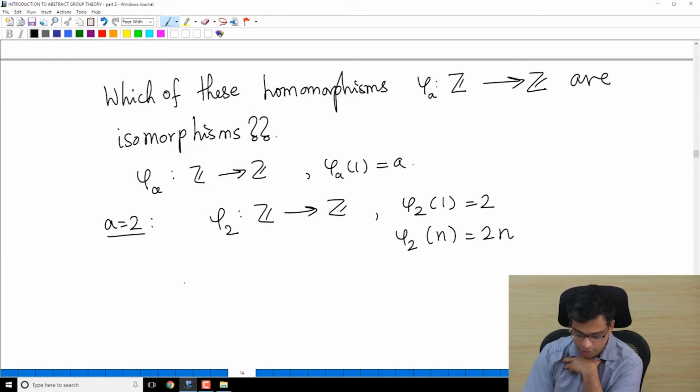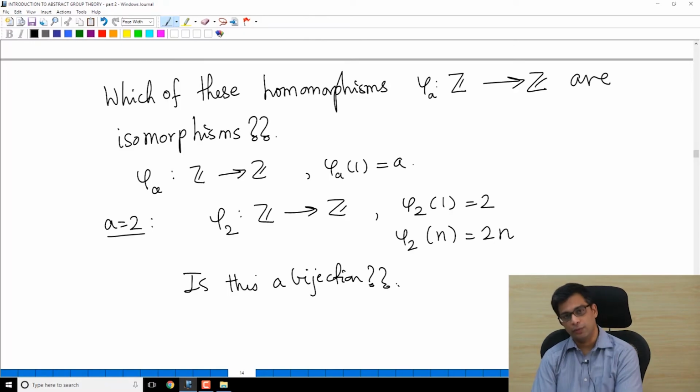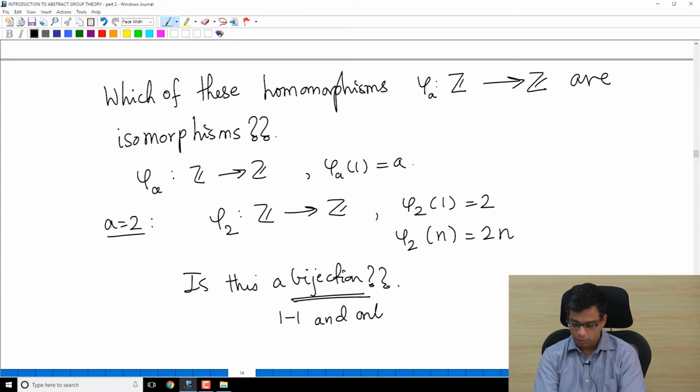Is this a bijection? Think about it for a minute. Recall that bijections are one-one and onto. Bijections are injective and surjective. Those were the words I introduced in a previous video.